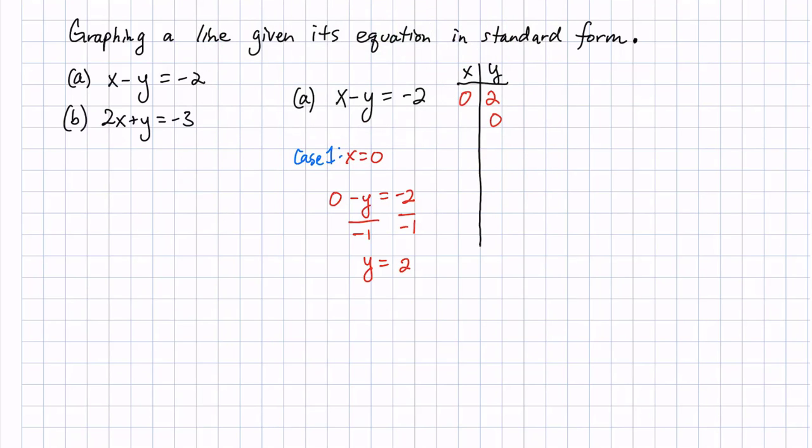Let's do case 2. Case 2 is when y is 0 this time. And this time we will write, from the original equation, x minus 0 is equal to negative 2.